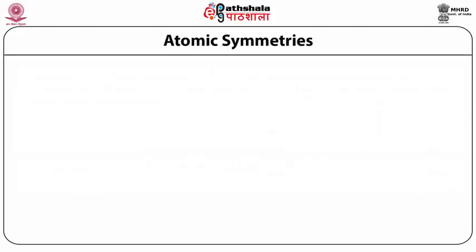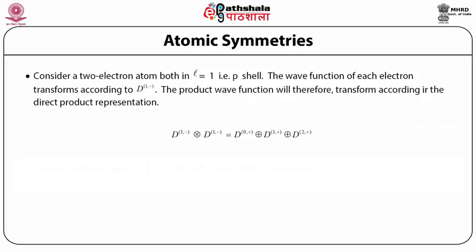Now let me give an example to illustrate what I have said before. Let's consider a two-electron atom which has both electrons in the P shell, that means L is equal to 1. The wave function of each electron transforms according to D1 minus, because an electron in the P shell has negative parity.